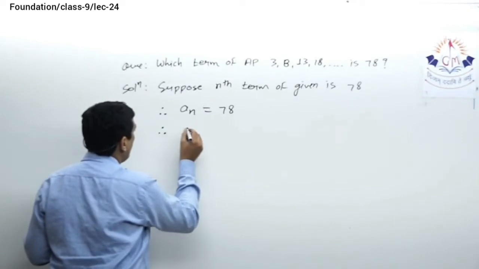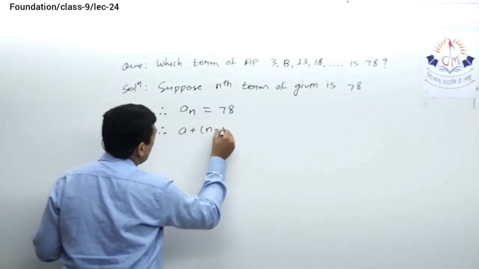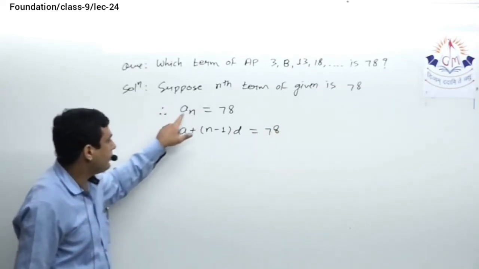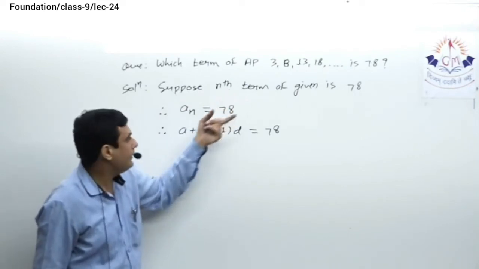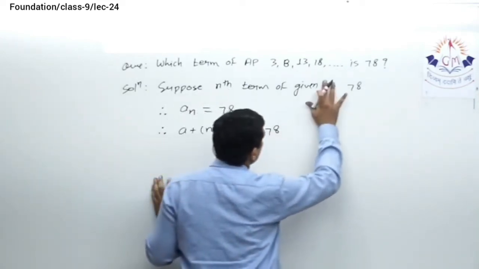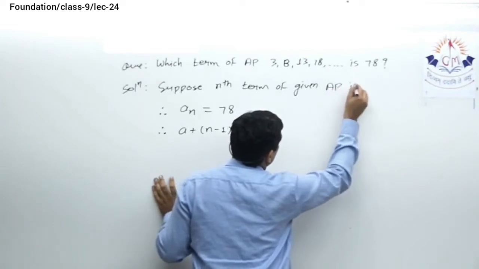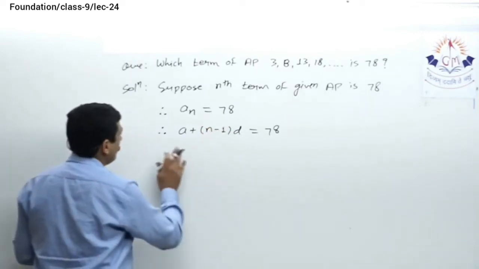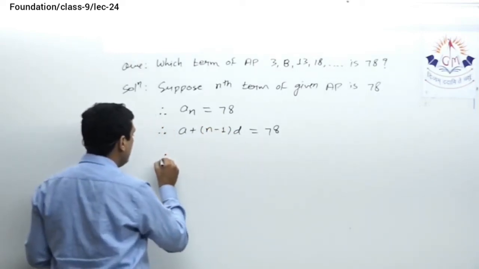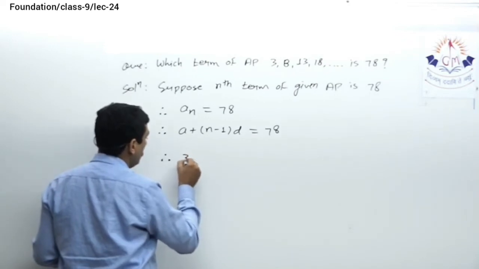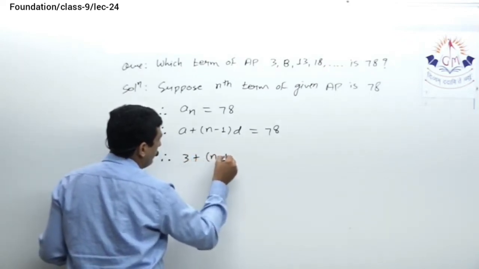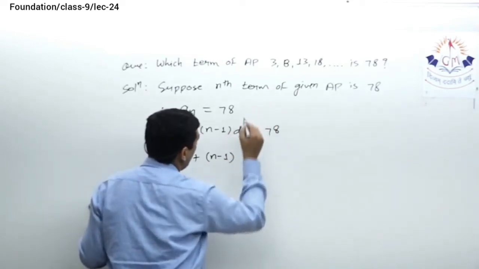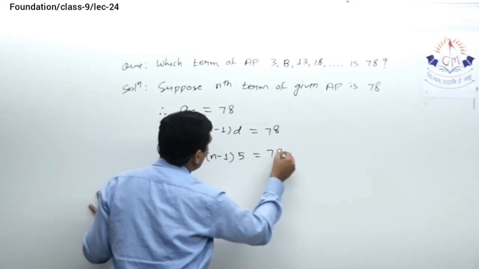The formula of a n is a plus n minus 1 into d, that is equal to 78, isn't it? Now here a is 3 plus n minus 1, that we have to find, which term, and d is 8 minus 3, that is 5, is equal to 78.